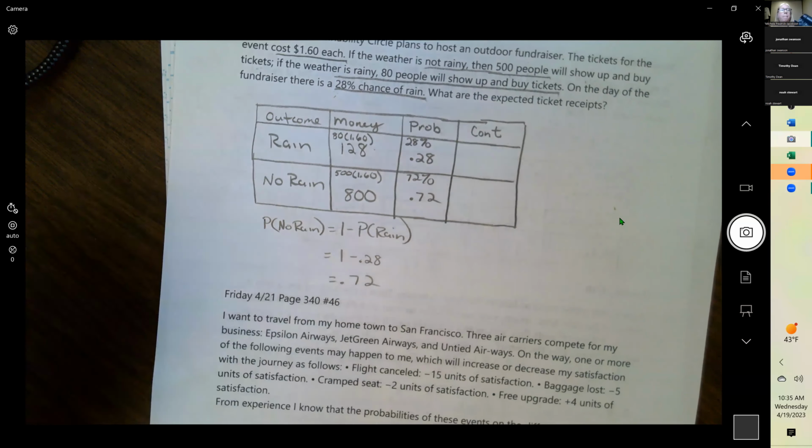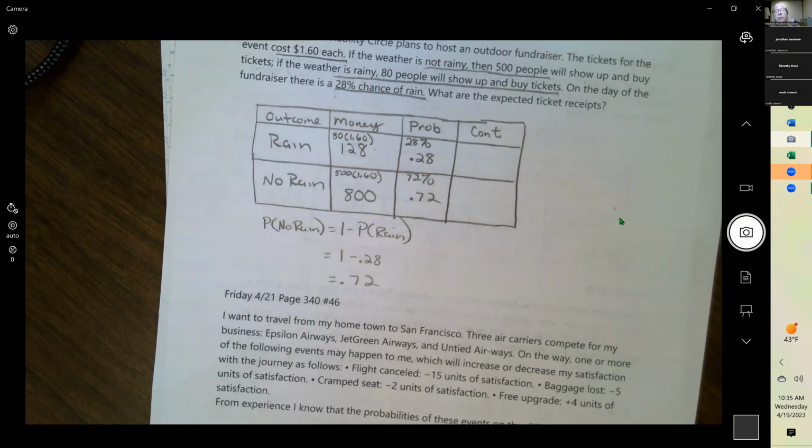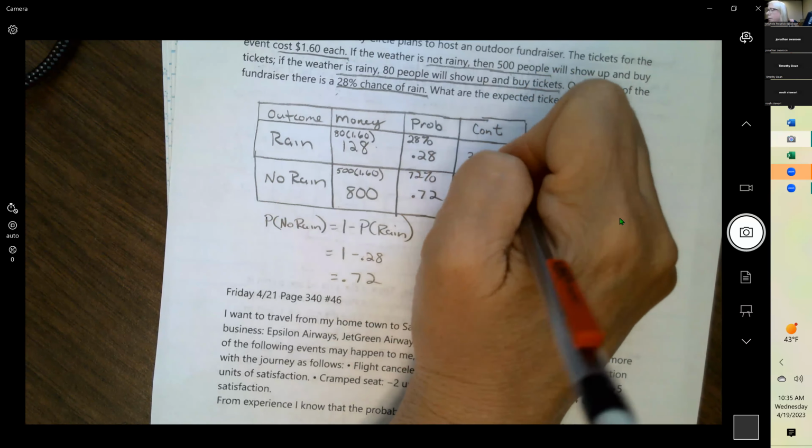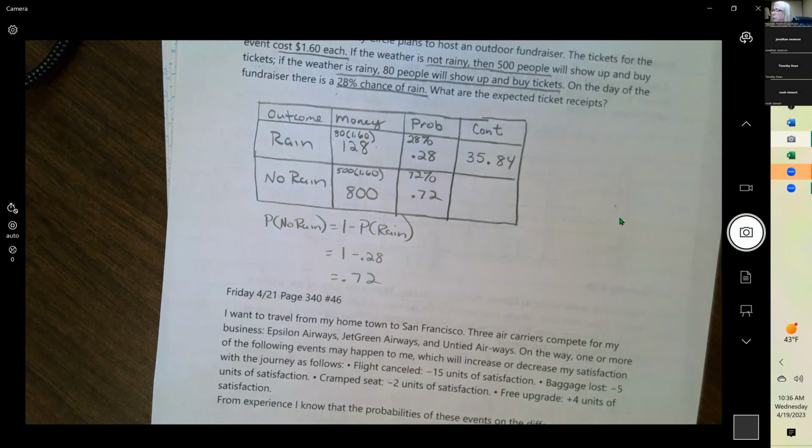Any questions? For the contribution, just multiply across, so 128 times 0.28, and 800 times 0.72.